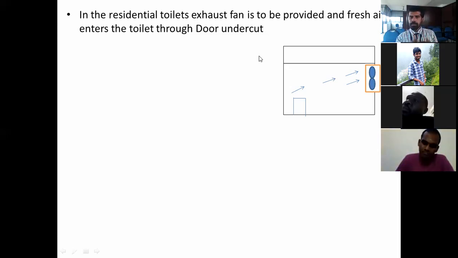Public toilet means a large space with cubicles and urinals or commercial spaces. Okay, that is known as a public toilet. So two types of toilets will be there. You normally will be knowing it. Public toilet as well as private toilet.